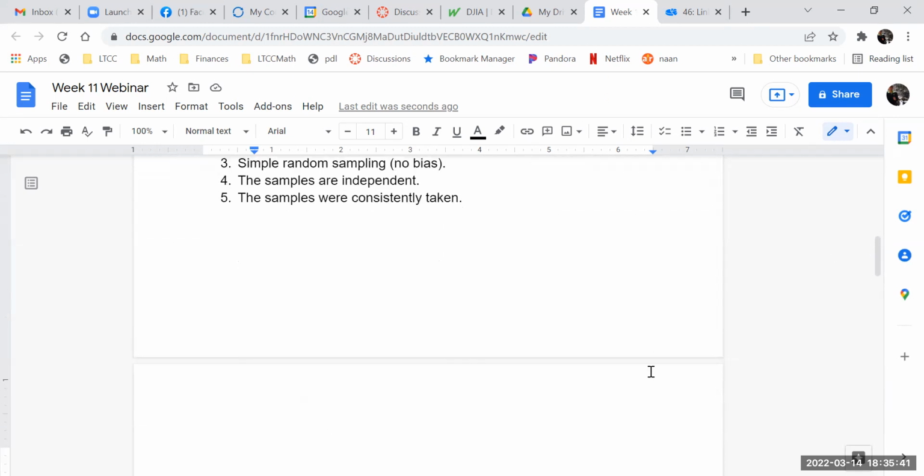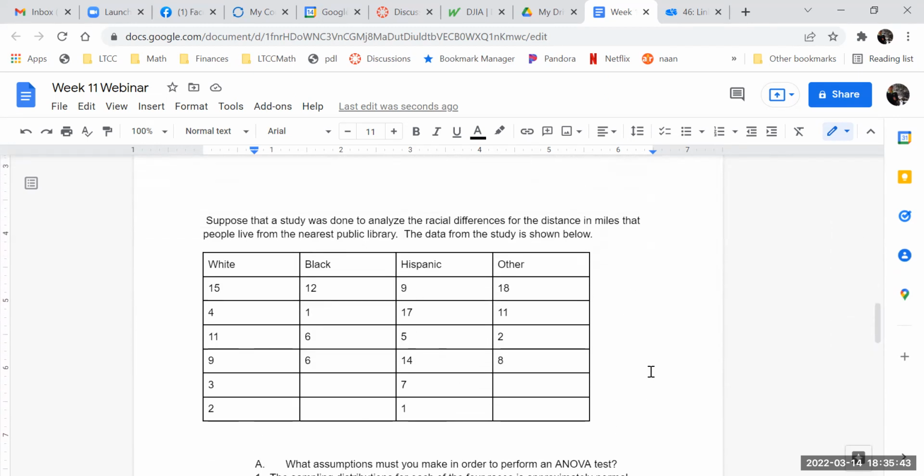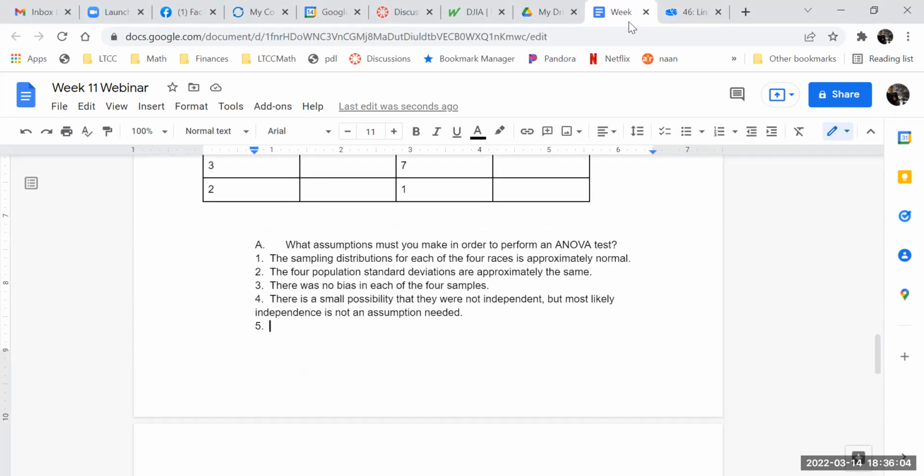Okay, the samples were consistently taken. Do we know that? Does it say anything about it? Yeah, this one is we don't know. So we probably need to make that assumption.